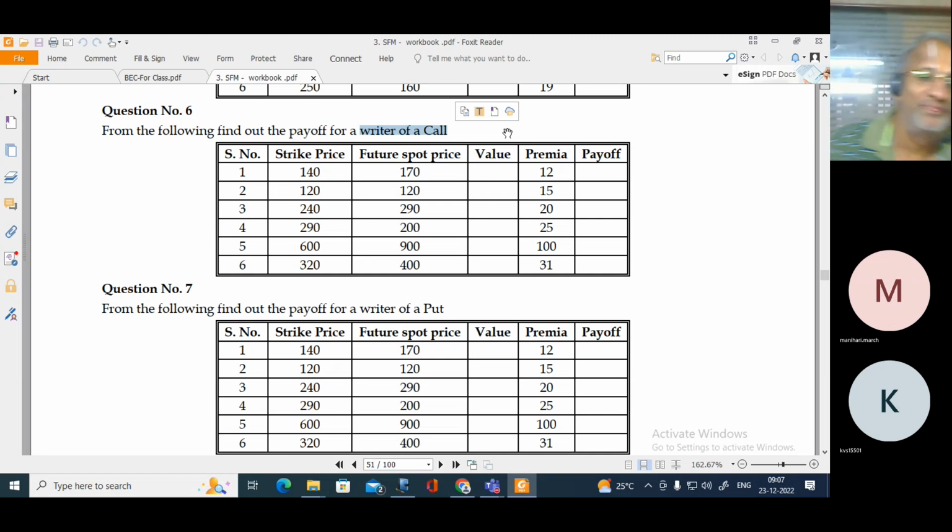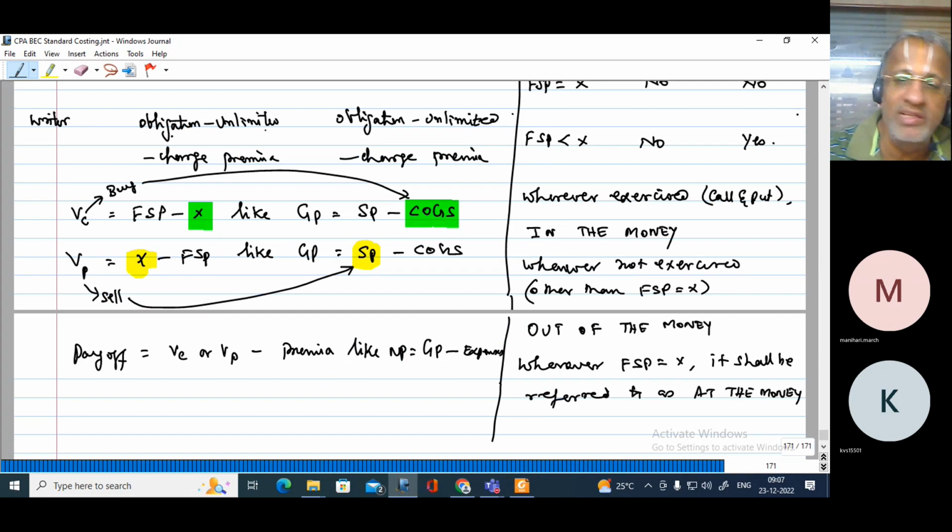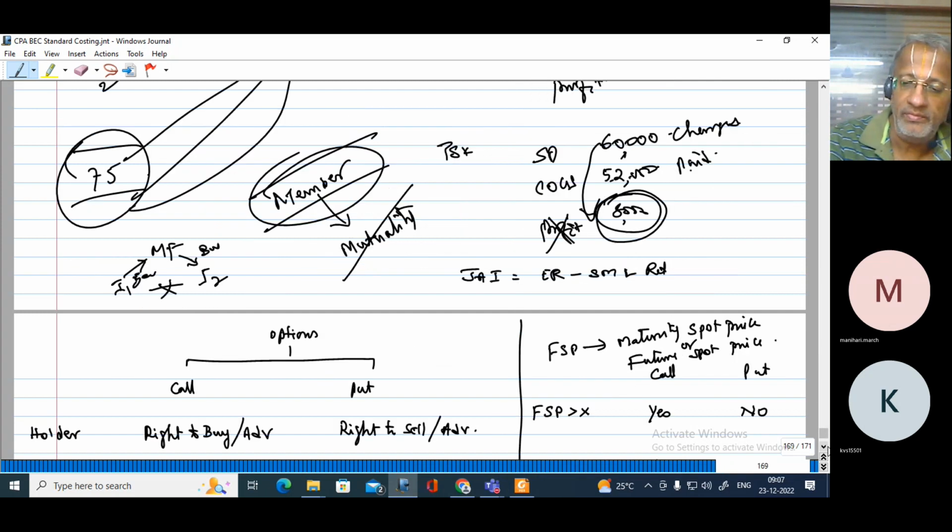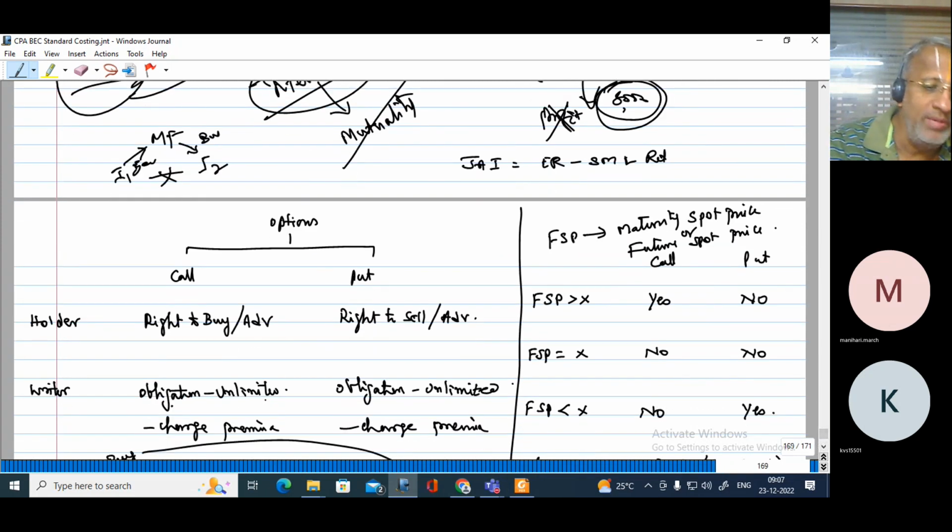Now I will tell you how. Payoff for a writer of a call option: 140 is the buying price and 170 is the selling price, so we make a profit of 30, but put it as minus 30 because it is an unlimited obligation that the writer has.